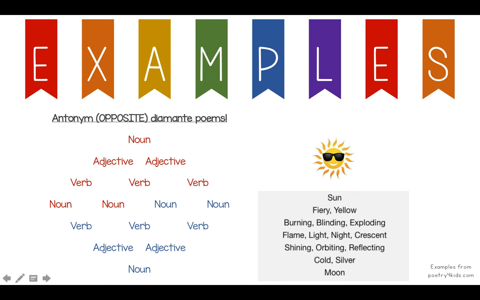So night, crescent. And if you look over at my example, I have blue because these blue words are all words about the same thing, and the red are all words about the same thing. Then I have shining, orbiting, and reflecting. Those are 3 things that the moon can do. Gold and silver describe the moon, and then I have my word moon.